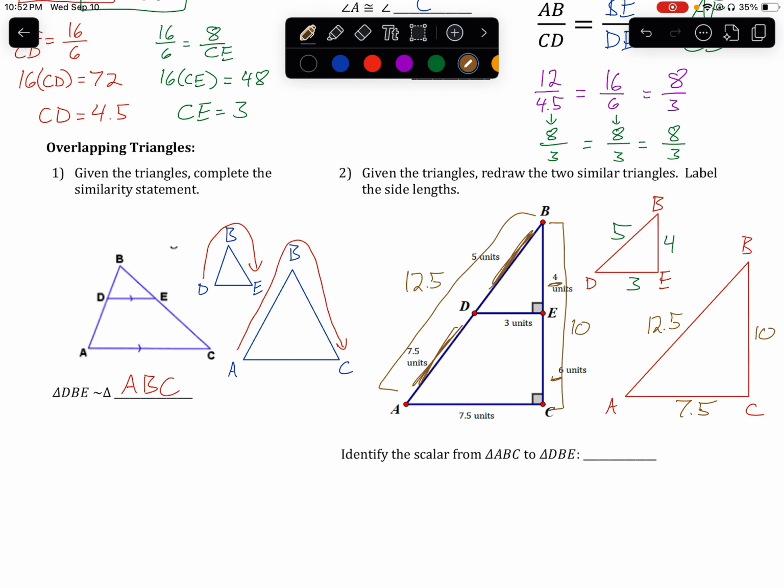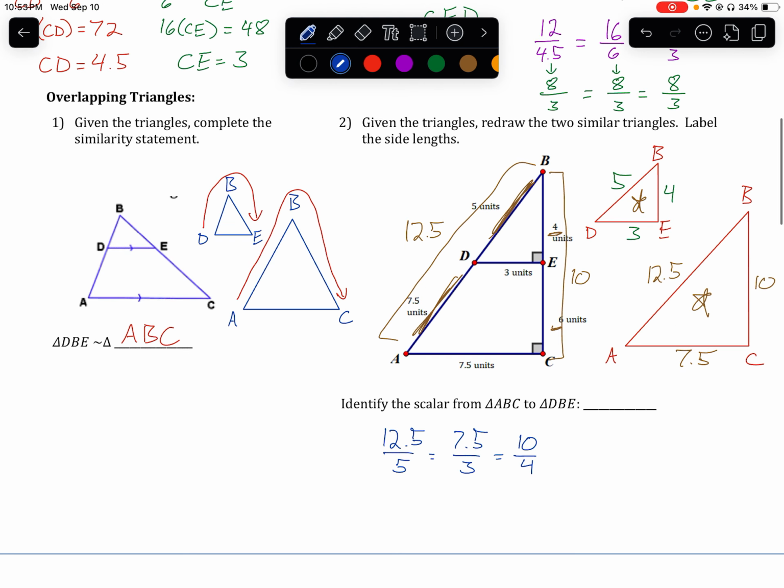Now, identifying the scalar from triangle ABC to triangle DBE, going from the bigger triangle to the smaller triangle, the scalar is basically our reduced ratio. So I can set up proportions: 12.5 over 5, 7.5 over 3, and 10 over 4. All of these are going to reduce to the same thing, 5 over 2.